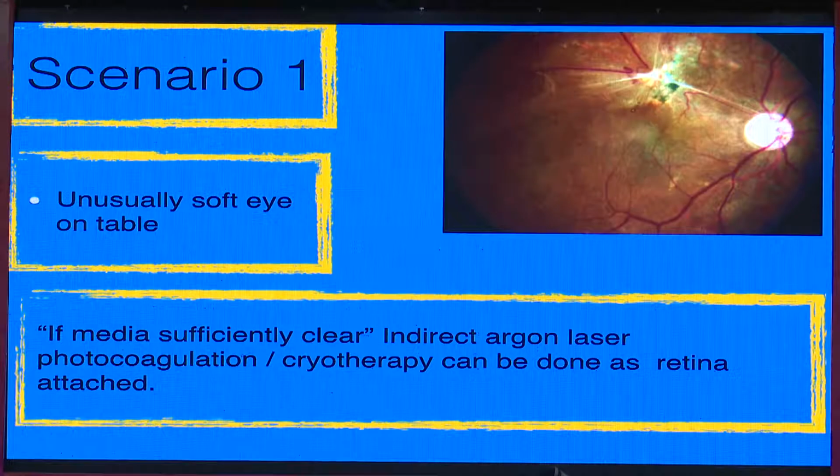In scenario 1, we see that there is a soft eye on the table, and the media is sufficiently clear. We can do a surgery, but we should make sure that we do an indirect laser photocoagulation if the break is very posterior, and if it's anterior, we can also try doing a cryo if the media allows. If the media doesn't allow, then we have to postpone it to the next day.